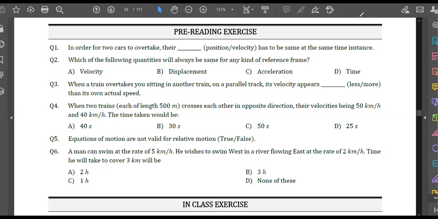Janvi, not 5, 4. We just explained the concept which will be used in 4. Tell me, what will be the time taken? Just calculate, it's easy.